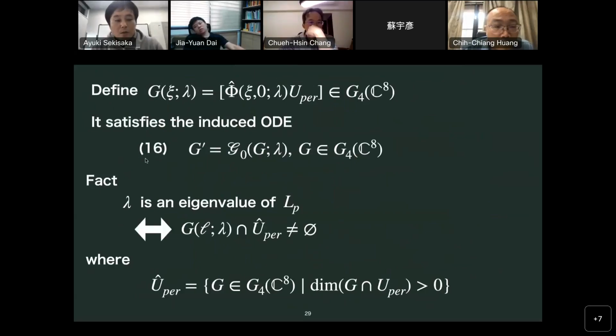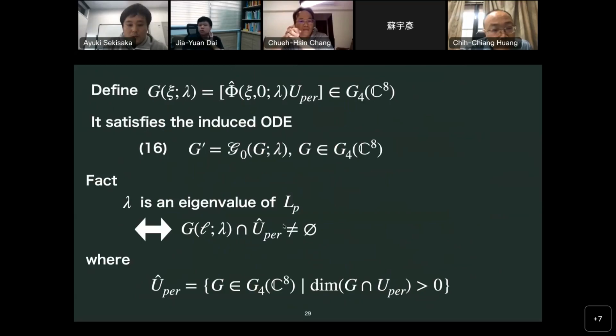Then lambda is an eigenvalue if and only if this intersection is non-empty. So we consider such an intersection problem in the Grassmannian manifold.